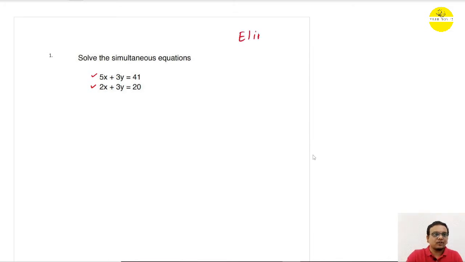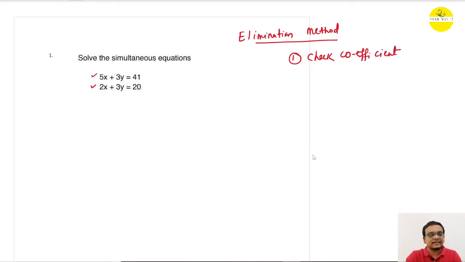The method I am going to use here is called the elimination method. First of all, whenever you're trying to apply this method, we have to understand what rules or facts we should keep in mind. First thing, please check the coefficients.